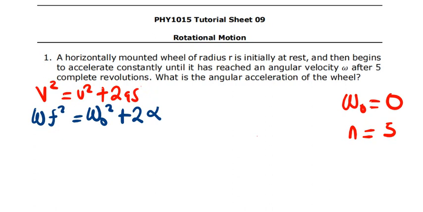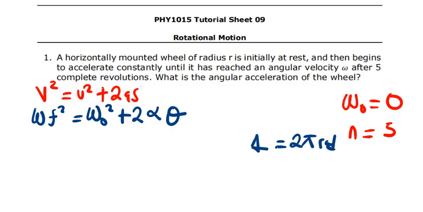Now our s is a distance, and in rotational terms it is theta, the angle that is being made. So basically we're supposed to find the displacement itself, which is theta, the angle. You know that one complete revolution is equal to 2 pi radians.